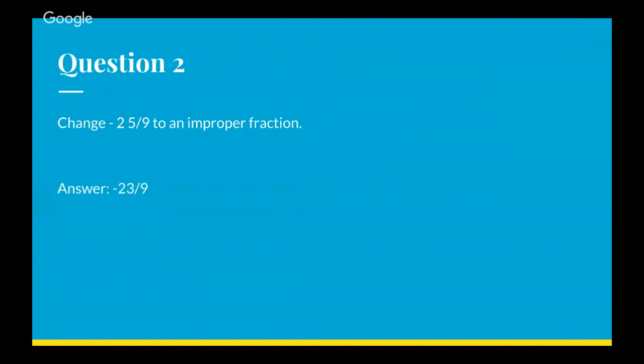Answer, -23/9. Question 3, 5/8 divided by 4.5. Answer, 5/36. Question 4, simplify this expression: 10a minus 2b plus 4a minus 9b.